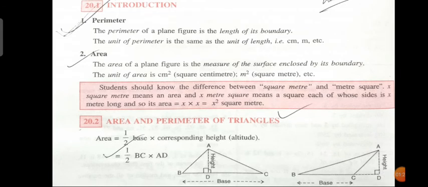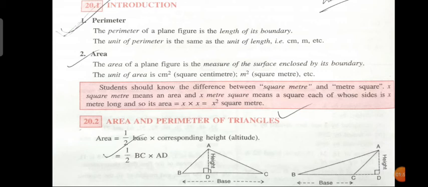First, what do perimeter and area mean? The perimeter of a plane figure is the length of its boundary. For example, you draw a square with 4 straight lines, which must be a closed figure.